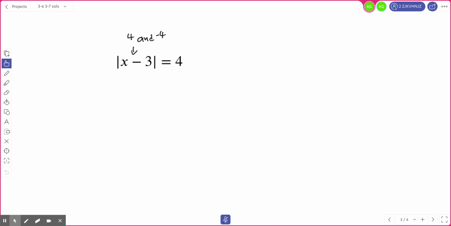So if x minus 3 equals 4, that'll give us one of our solutions. Or if x minus 3 equals negative 4, that will be the other solution.